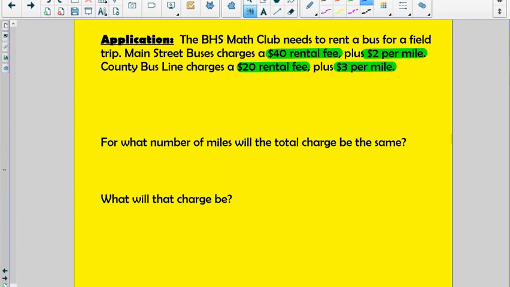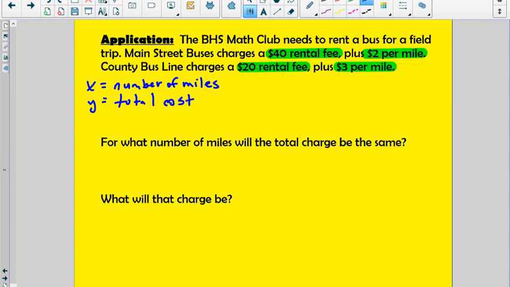When we write our equations, we have to think about what our variables are. We have x, which is the number of miles. That's the one thing we don't know here: how many miles are you going to go on your field trip? And then based on the number of miles, we use that to calculate the total cost.